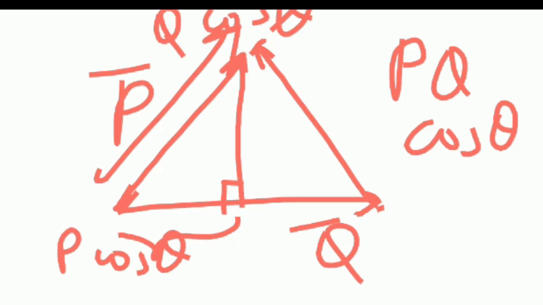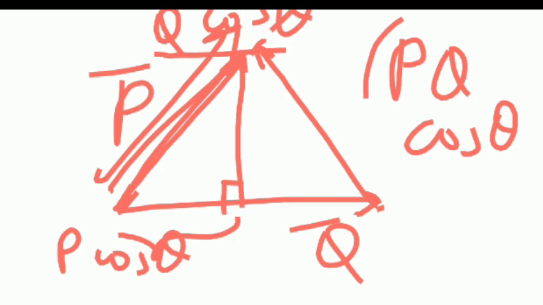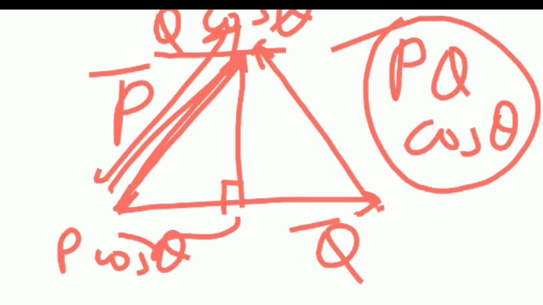In both ways we can multiply: the magnitude of q into p cos theta will give pq cos theta. Similarly, the magnitude of p into q cos theta will give pq cos theta.